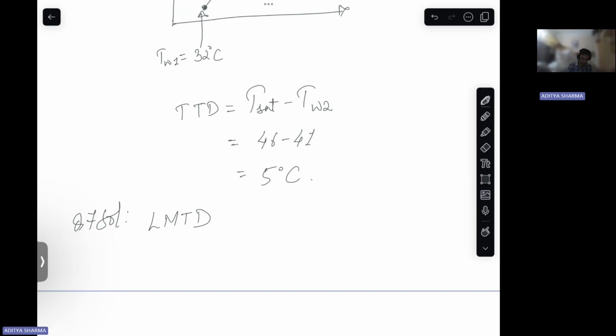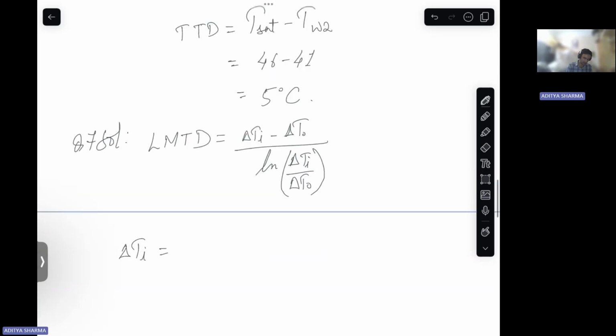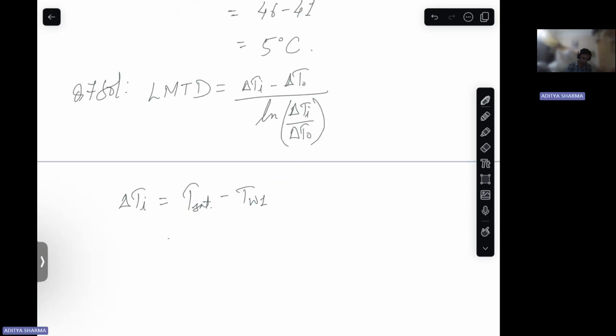In short form, we can write it like this: delta Ti minus delta T naught, or Te, divided by natural log of delta Ti by delta T naught. Now what is delta T initial? Delta T initial is T saturated minus TW1, which is equal to 46 minus 32. This is 14 degrees Celsius.